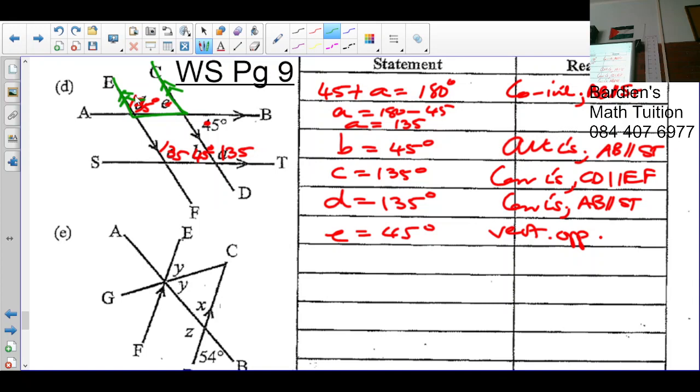Okay, yes, Blessing? Sorry? Like when the angle is calculated. Yes, and then? I'm confused. You see, your problem was, you said that A was equal to? You used co-interior, but you said A was 45 degrees.